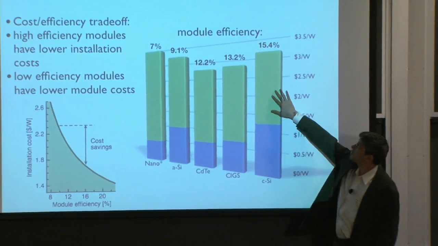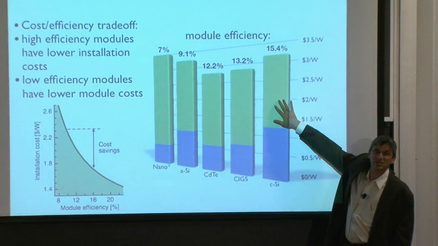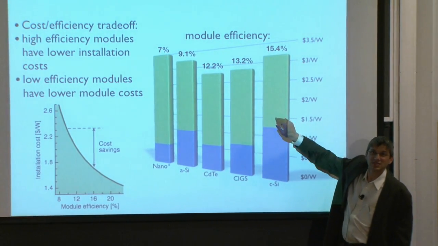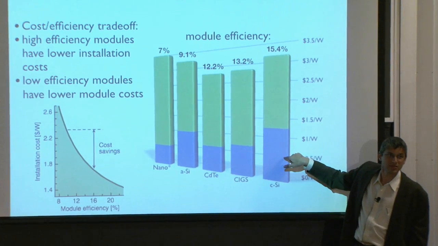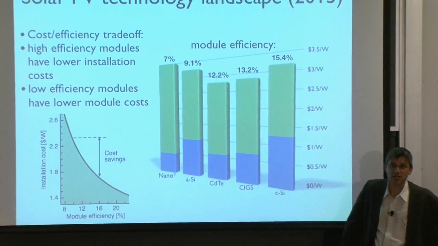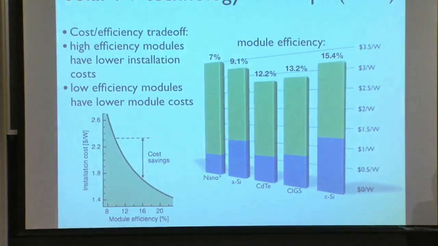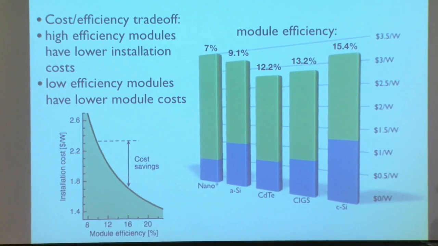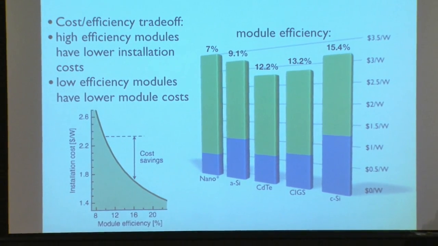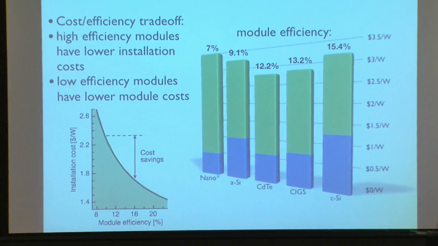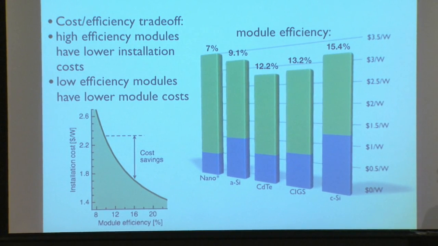And then the green is the installation cost. The installation cost is actually more than the module cost. Only recently has the installation cost become the biggest problem. Even just 10 years ago, the module cost was twice as much as installation. Today, it's half as much.